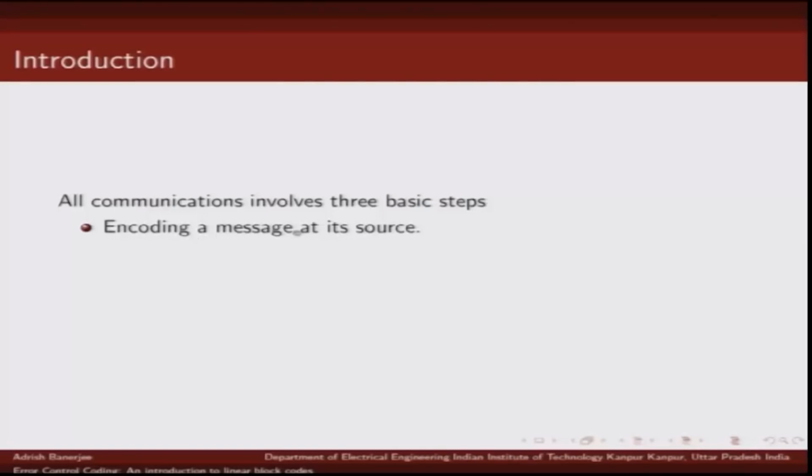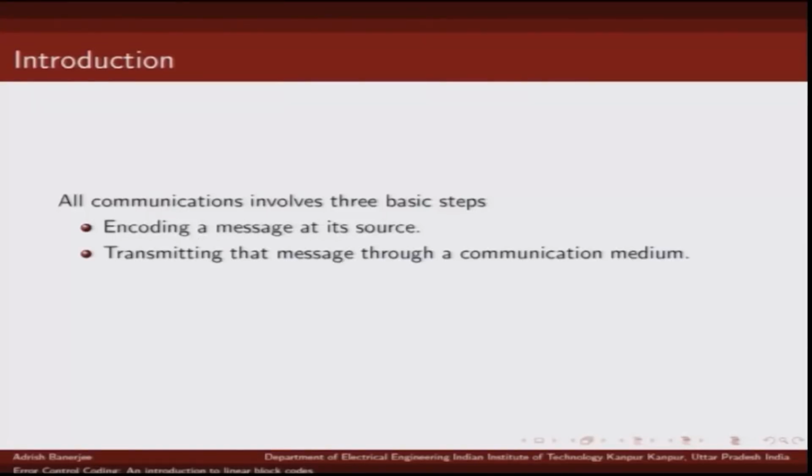Why? Because a source inherently has a lot of redundancy, and when we try to represent a source, we would like to represent it efficiently in the minimum number of possible bits. So the first step involved in any communication is basically encoding a message.